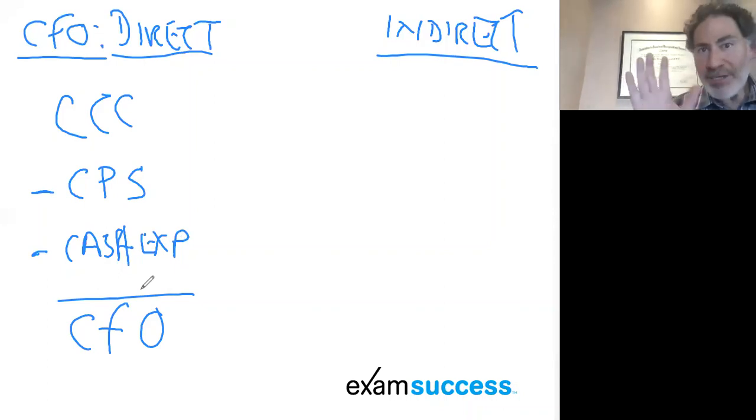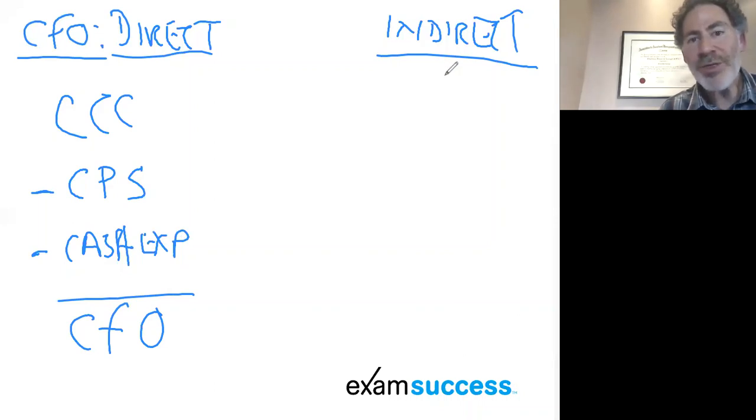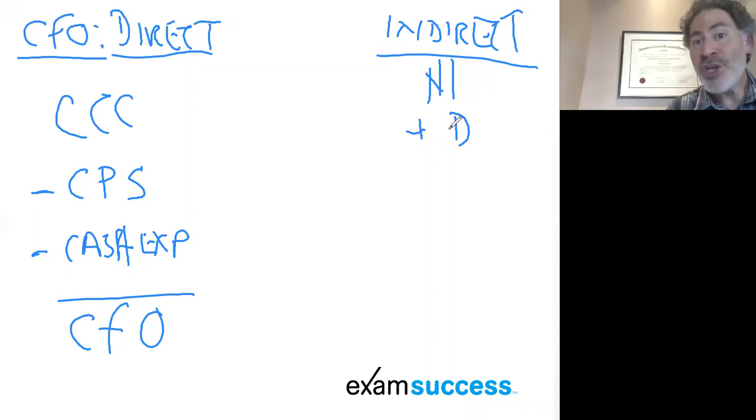Now let me just give the big picture here, and then we'll back it up. If you're using the indirect method, you're going to start with the net income. You're going to add back your depreciation. This could be depreciation, amortization, anything that's a non-cash charge. Then you're going to make adjustments for your changes in your working capital, your current assets and current liabilities.